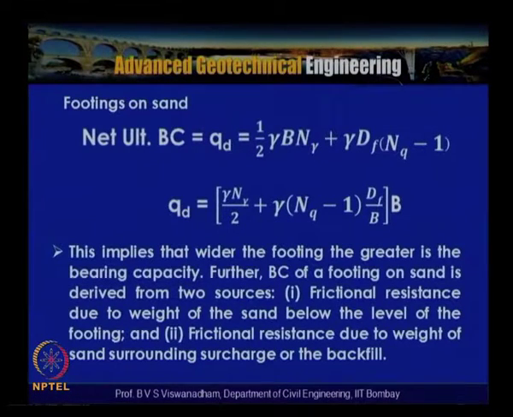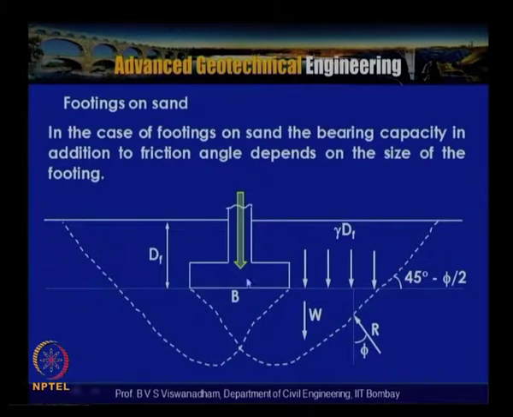Further, the bearing capacity of a footing on sand is derived from 2 sources. One is the frictional resistance due to the weight of the sand below the level of the footing. The other one is the frictional resistance due to the weight of the sand surrounding, the surcharge or the backfill. That is due to this and due to all around the footing, particularly in this zone also. So one is the resistance offered in this zone and the resistance offered in this zone, that is what we are talking about.